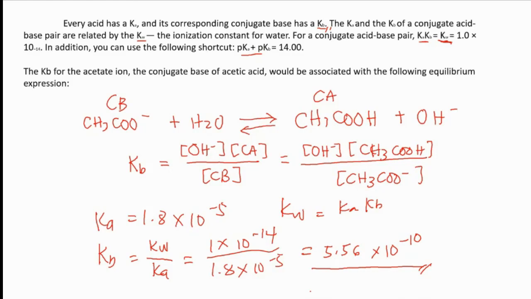That is also the Ka of the ammonium ion, because the Ka of acetic acid is equal to the Kb of ammonia. So the Kb of acetate is also equal to the Ka of your ammonium ion.